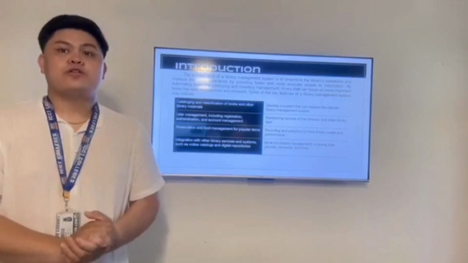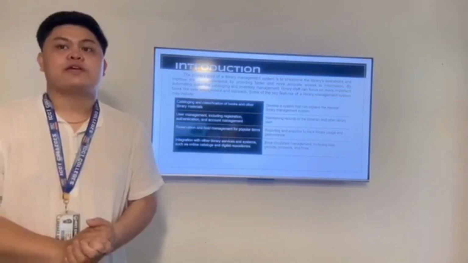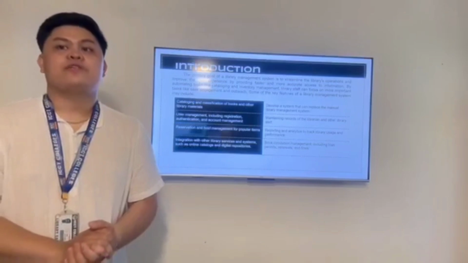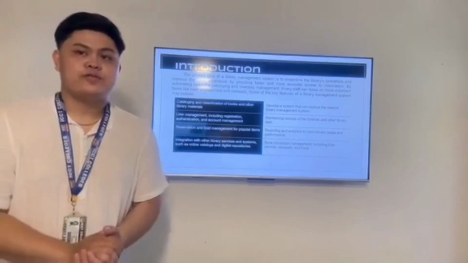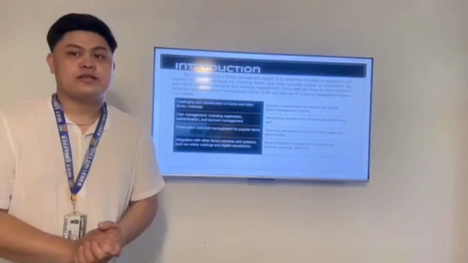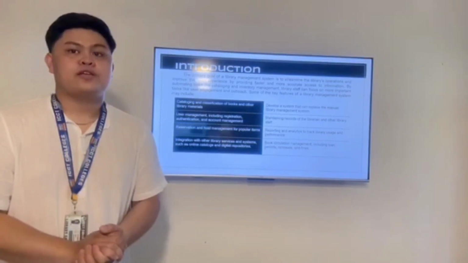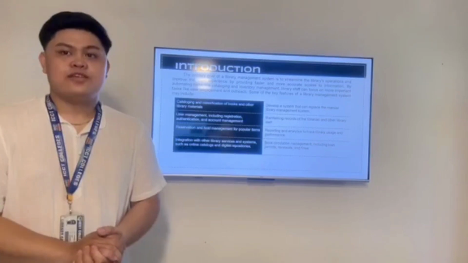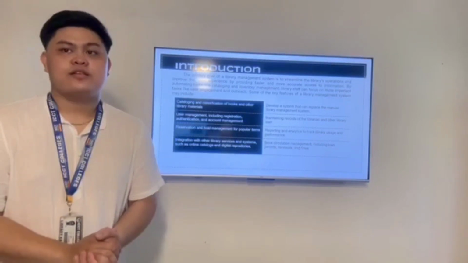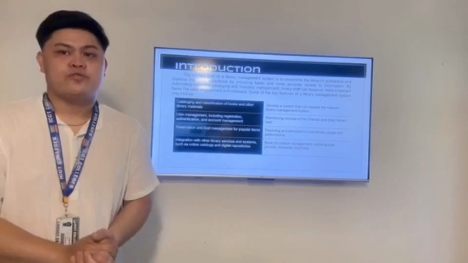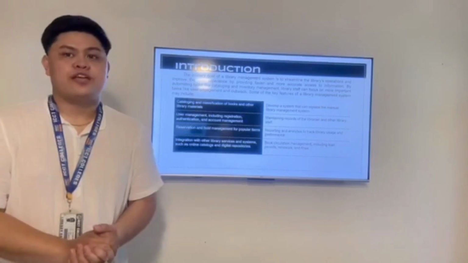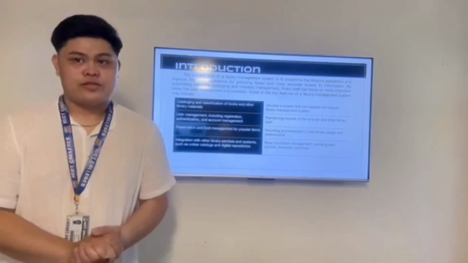The primary goal of a library management system is to streamline the library's operations and improve the user's experience by providing faster and more accurate access to information. By automating tasks like cataloging and inventory management, library staff can focus on more important tasks like user engagement and outreach.